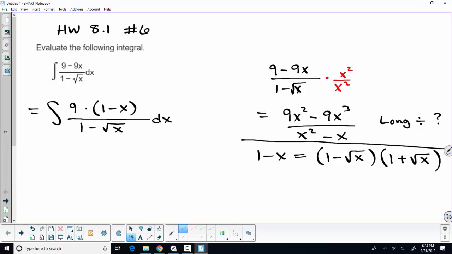Because this difference of squares is a plus b times a minus b that multiplies a squared minus b squared. So here's a 1 squared minus b, square root of x squared. I think that's really the most efficient way to handle that.